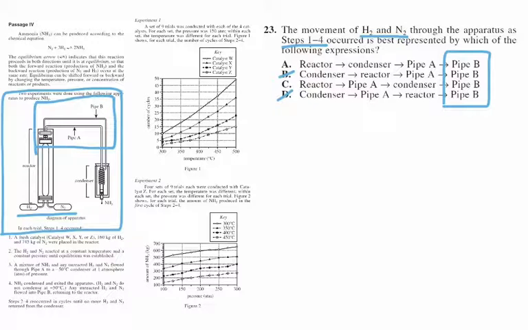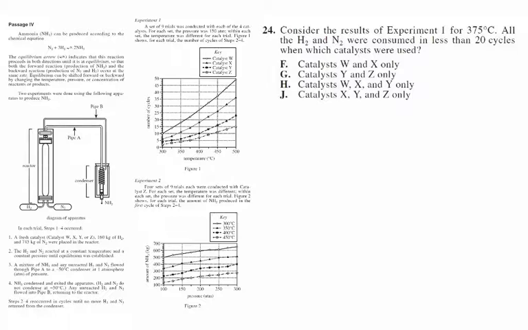So it has to be choice C: reactor to pipe to condenser to pipe. So reactor, pipe, condenser, pipe. That's the cycle.